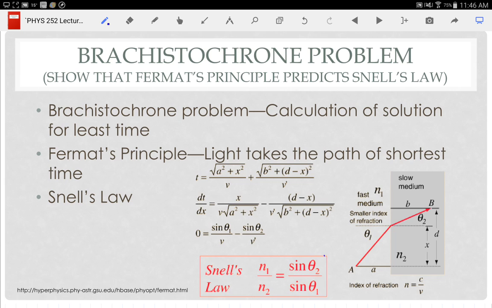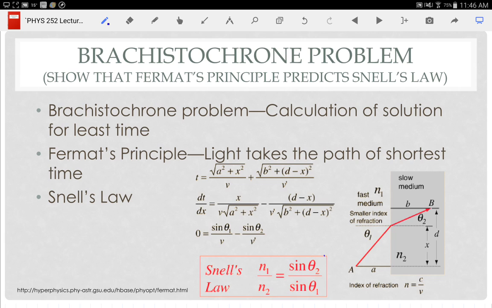So Snell's law is a result of Fermat's principle. Now, Fermat's principle was an idea when he proposed it, but it turns out that when you look at Huygens' principle, light actually follows that.